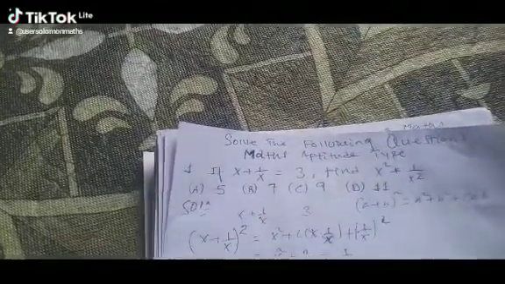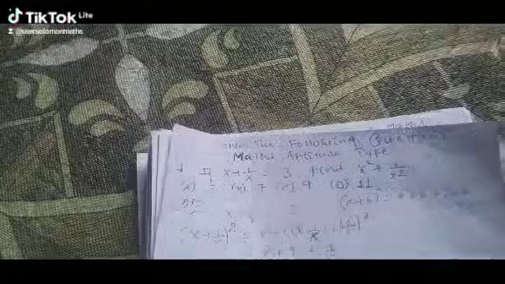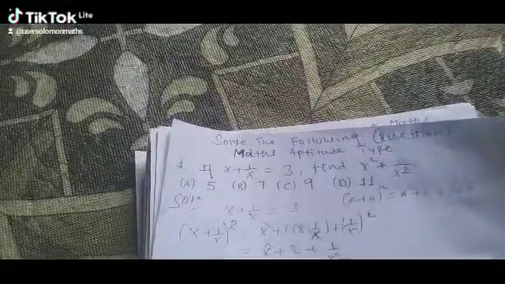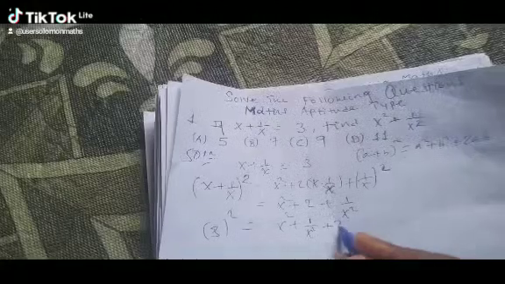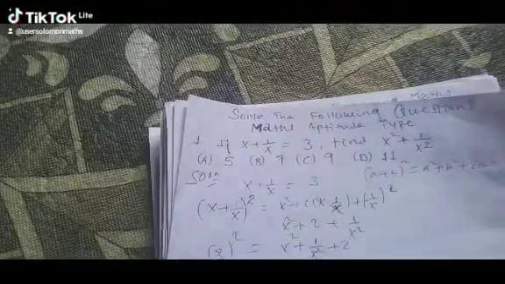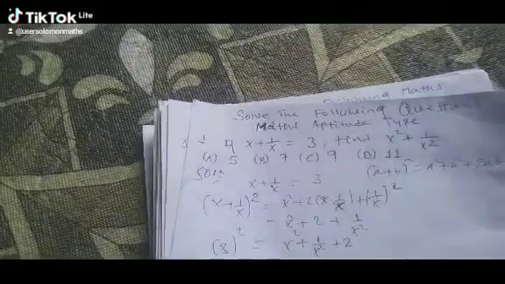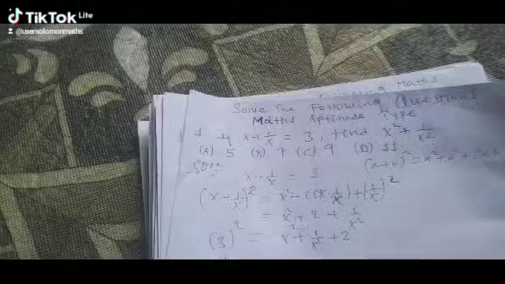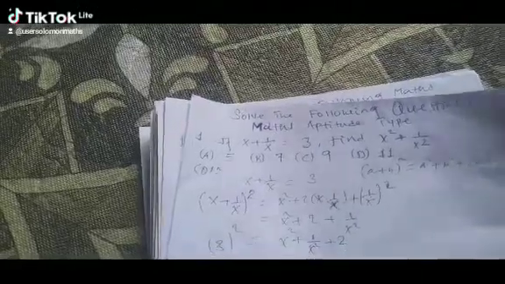3 the whole square is equal to x square plus 1 over x square plus 2. 3 square means 9 is equal to x square plus 1 over x square plus 2.